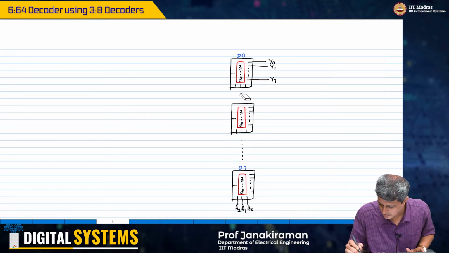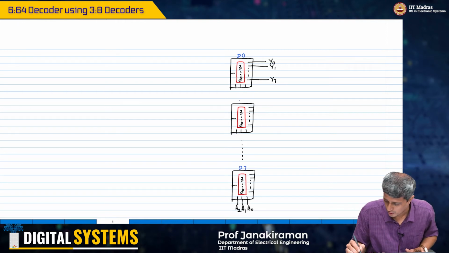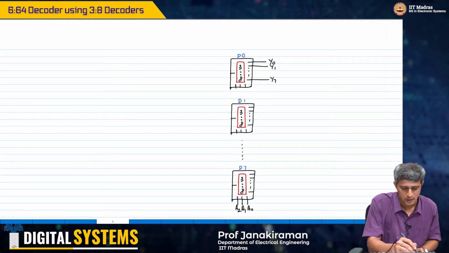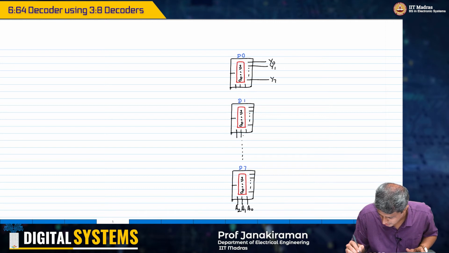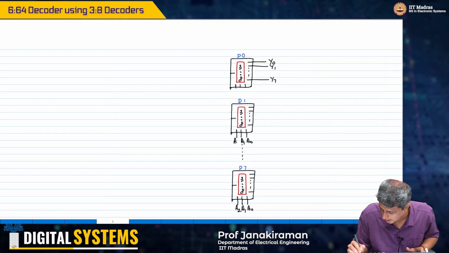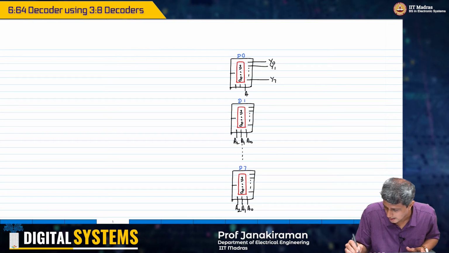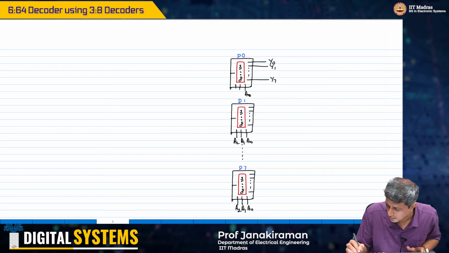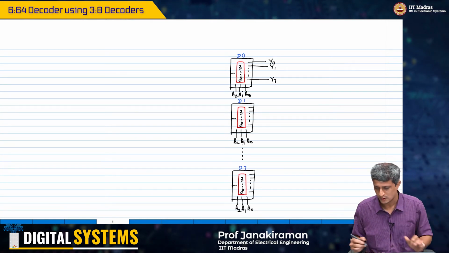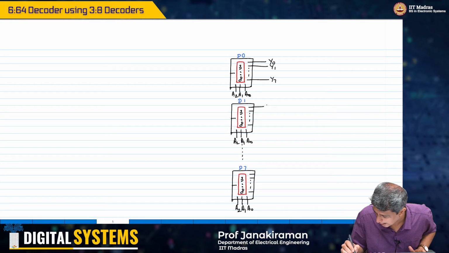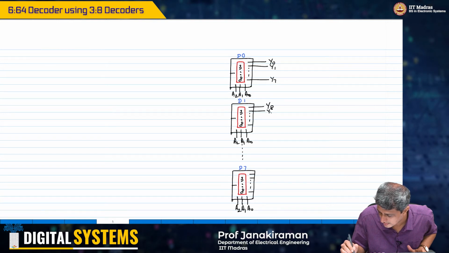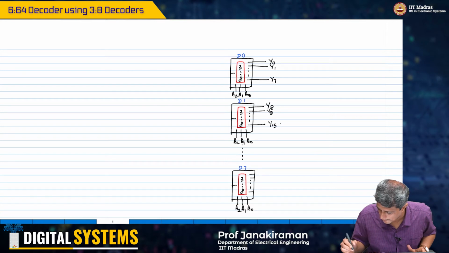So this is decoder D1. These inputs I am going to call A0, A1, A2. Similarly here A0, A1, A2. And here I will say this is Y8, Y9 all the way to Y15.